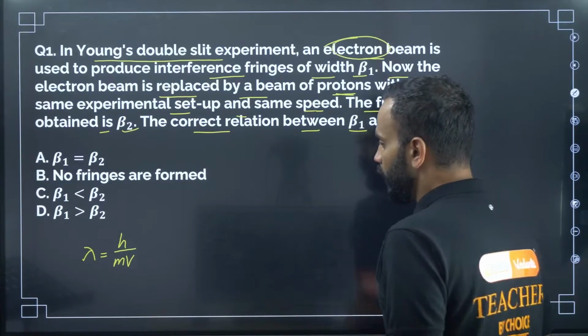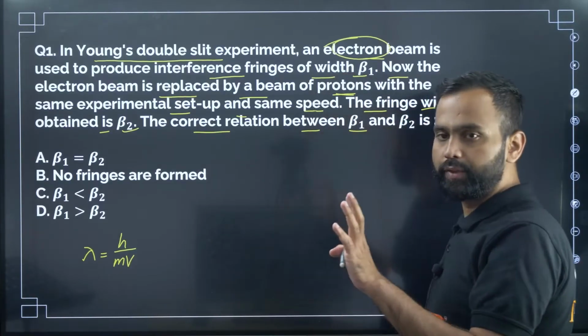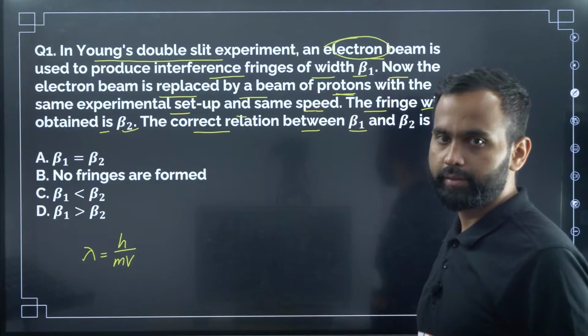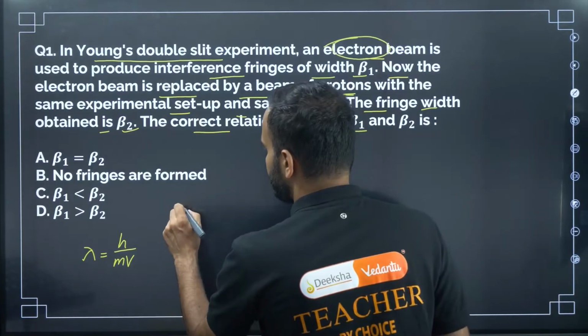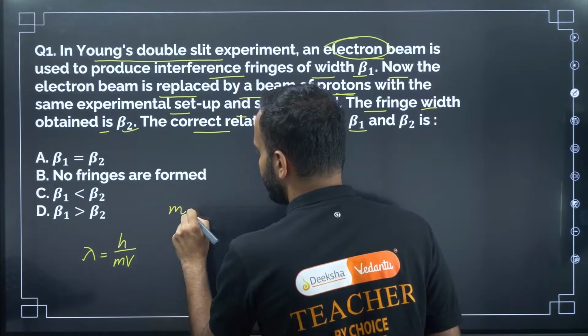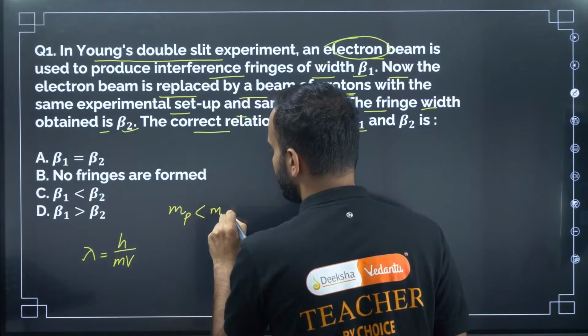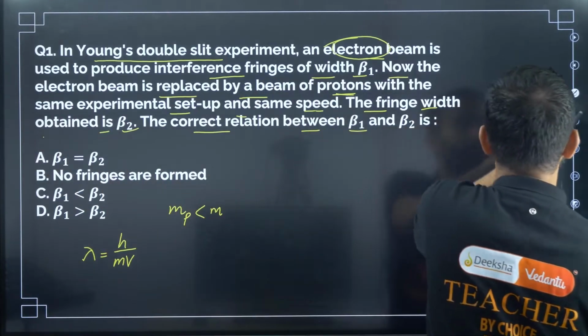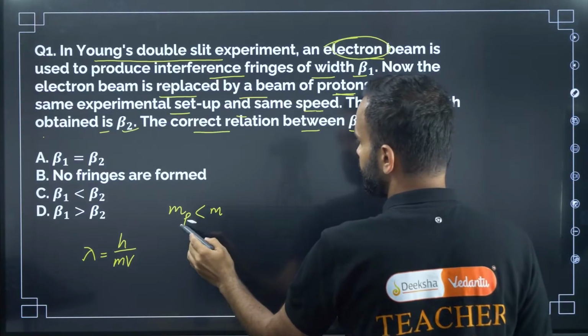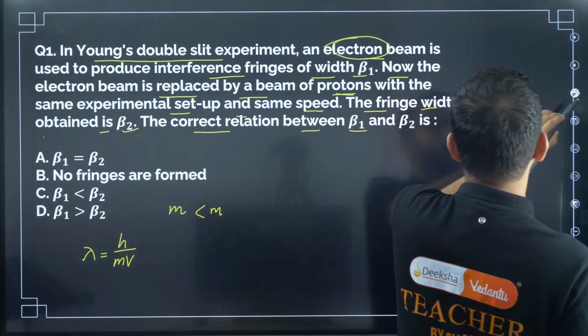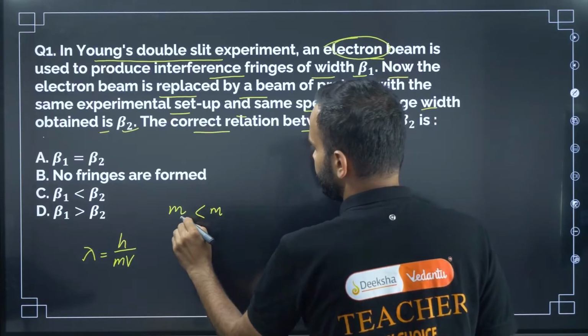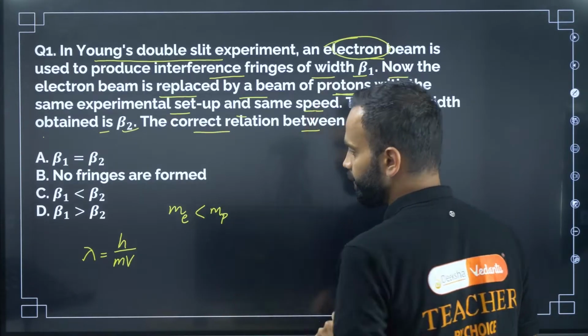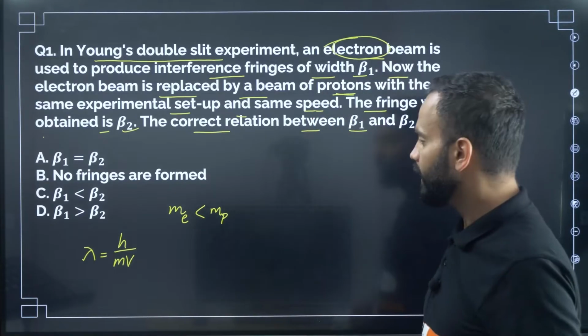The speed of the proton and speed of the electron both are same, but mass of the electron is lesser than mass of the proton, right?